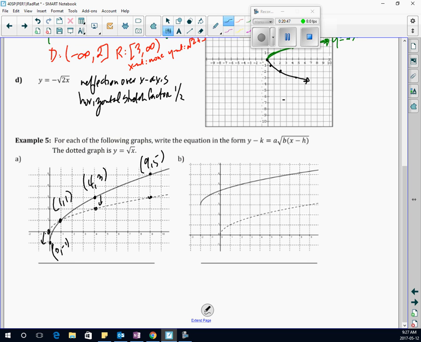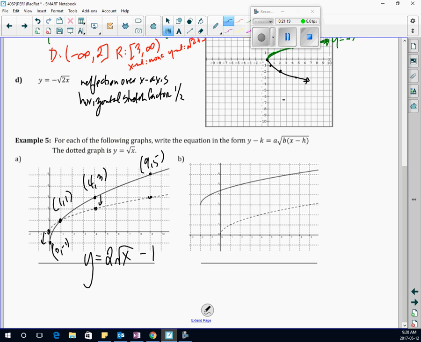So I think from 3 to 6 and then down 1 to 5. So that's the only way 1 and 1. 3 to 6 and then down. Yes. Look at that. So 4, 2 got stretched double, then down. 1, 1 got doubled and then down. So how would I write that? Very good. That was a hard one to see. So what would it be? It got stretched vertically, so that would be 2 root x and then down 1. So minus 1, yes?